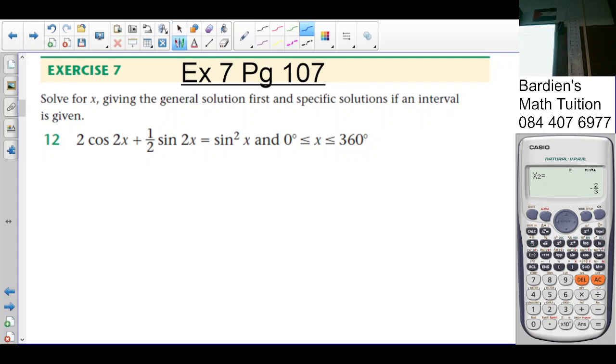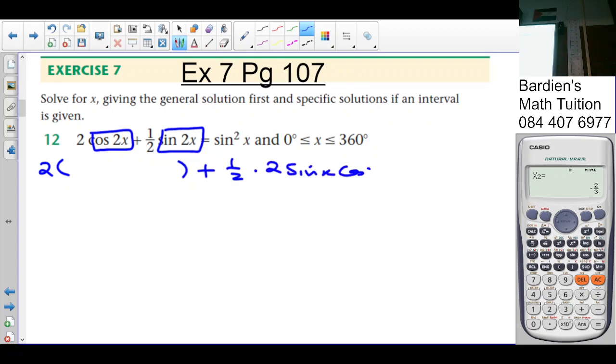People in number 12, what's going to happen here? We're going to change cos 2x and we're going to change this here. The one we're going to change that to, I'm going to leave it until after I've changed the sine 2x, which is 2 sine x cos x, equals sine 2x, sine squared x.